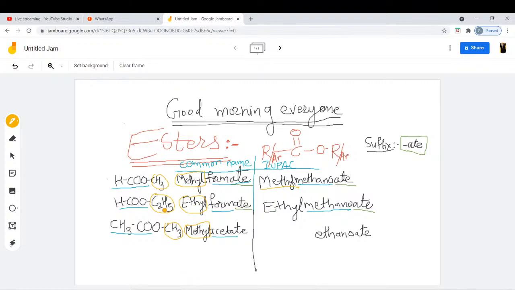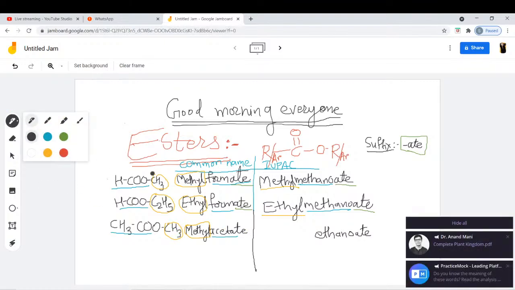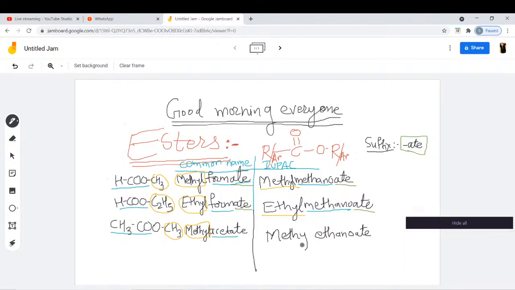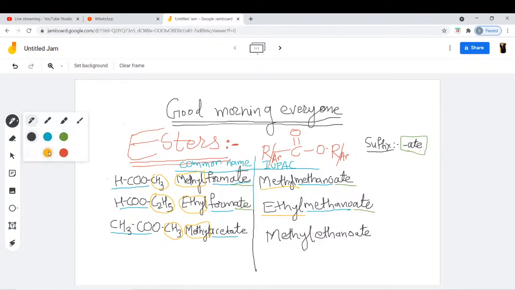If an ethyl group is attached here, it will be ethyl methanoate. If a methyl group is attached to the two carbon acid, its name will be methyl ethanoate. Why methyl? Because the CH3 group is here.